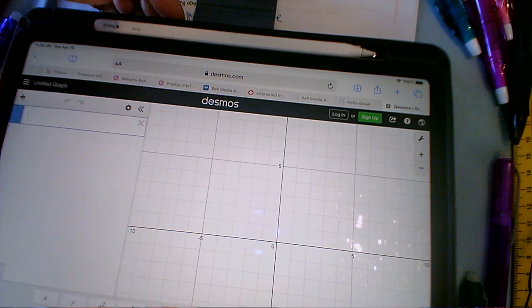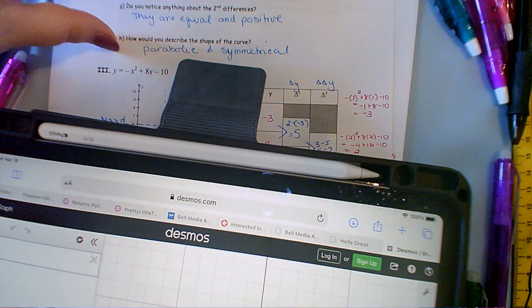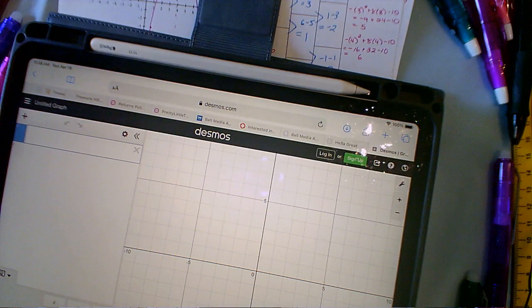So, of course, I need to see the equation. So we're going to type in the negative. I want to make sure I use the proper negative sign, not subtract. Maybe it doesn't even care. Yeah, I don't think it even cares.